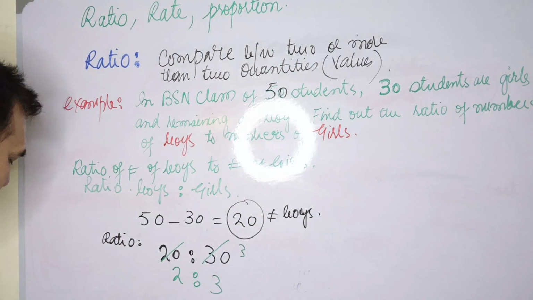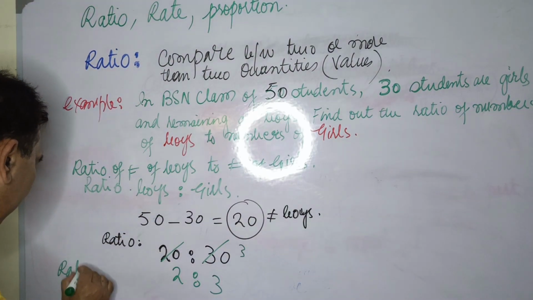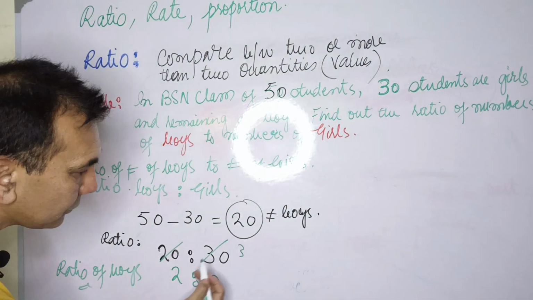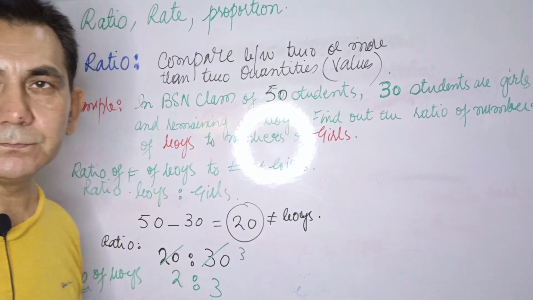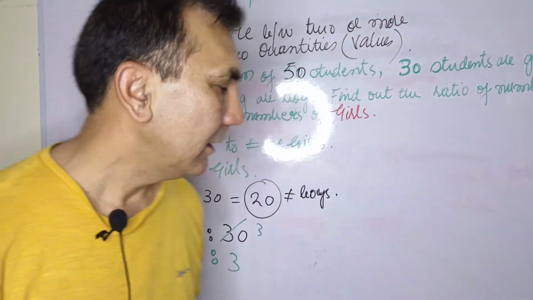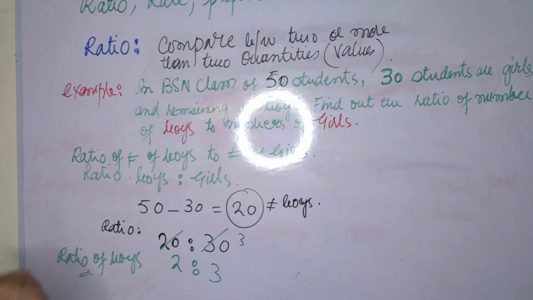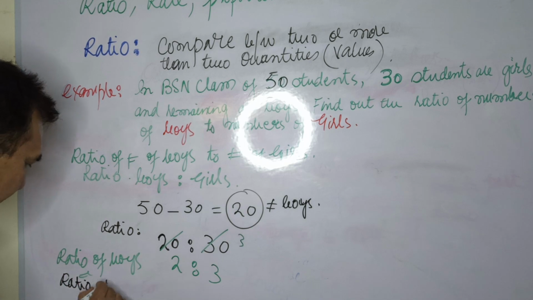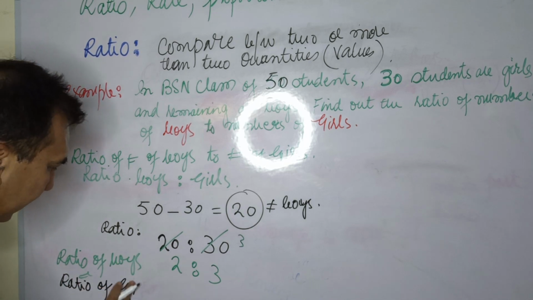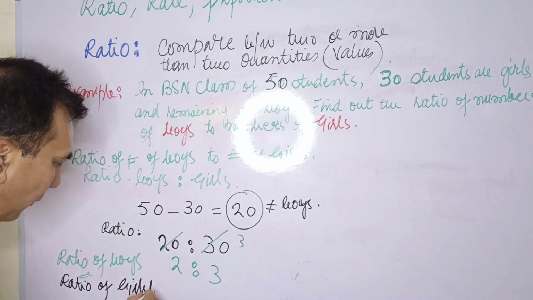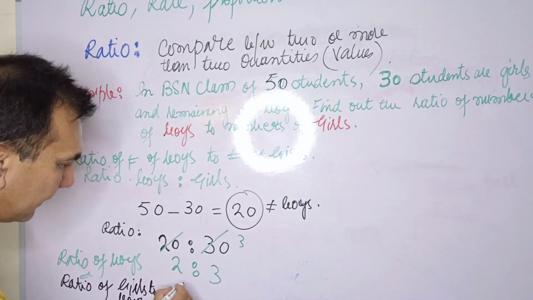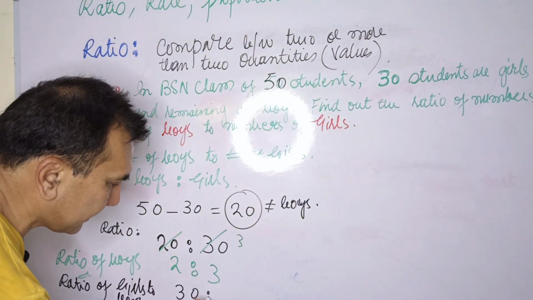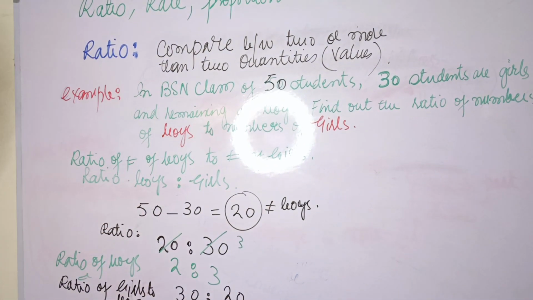Now the ratio of the number of boys to the girls is a 2 to 3 ratio. Okay, suppose I ask inversely, find out the ratio of girls to boys, then we will write down the total number of girls first, and then the number of boys.